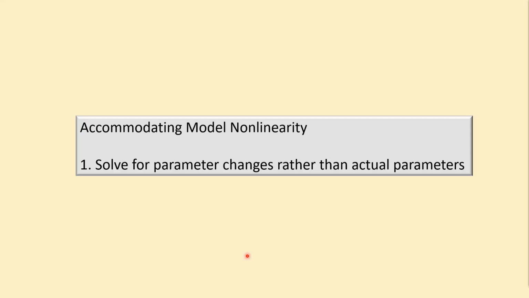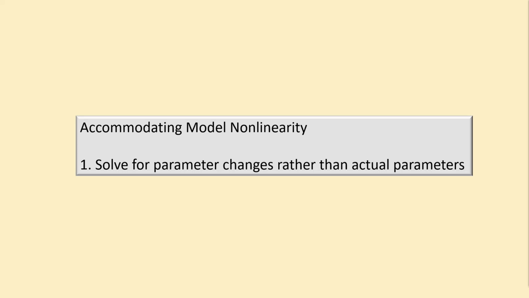So let's look at the ways now in which we modify this theory so that PEST and PEST++ can undertake nonlinear parameter estimation. The first modification is that I no longer estimate my parameters in one step. I have to actually estimate changes in parameters in many steps.